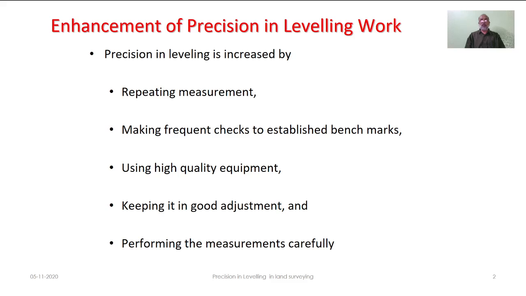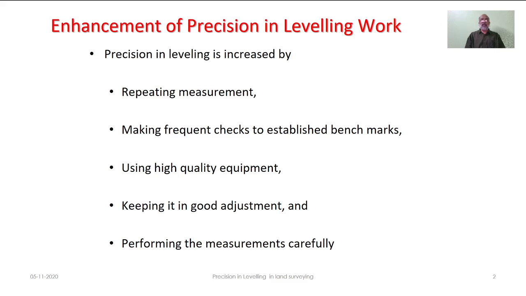You also know that you are provided with many kinds of levels. It could be a dumpy level, tilting level, precise level, auto level, or digital level, depending on the kind of equipment. You also know that ordinary staffs are provided with 5 mm strips in order to take the readings, whereas some staffs give you the opportunity to read in millimeters also.